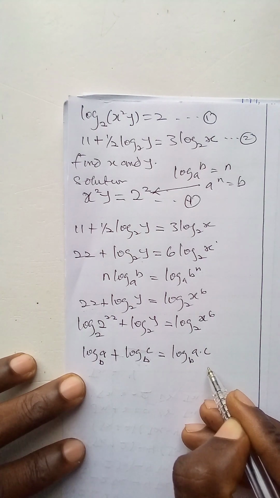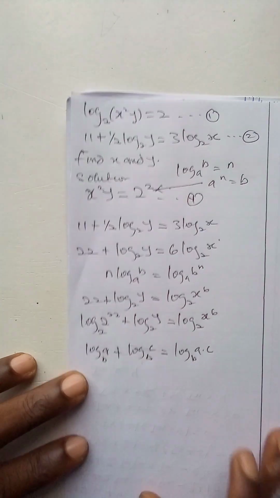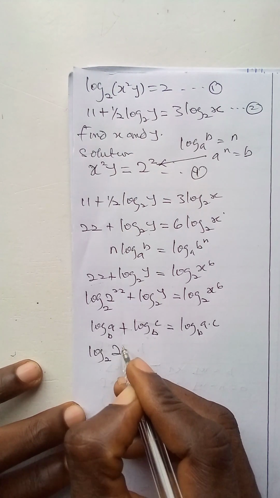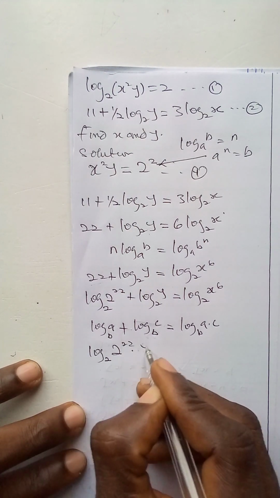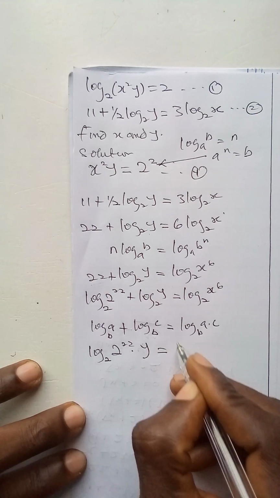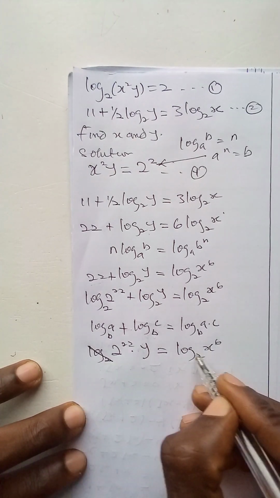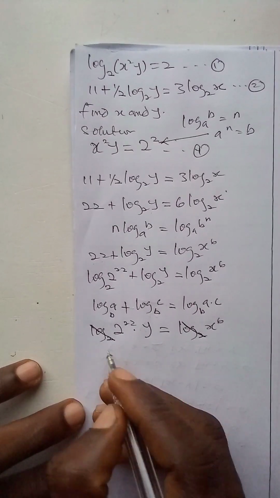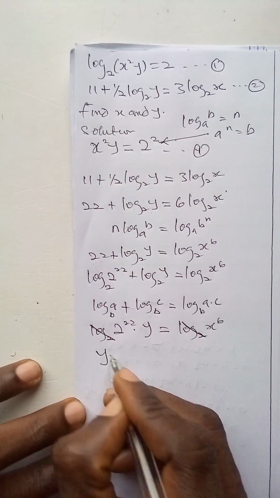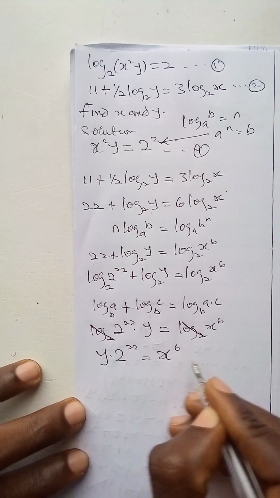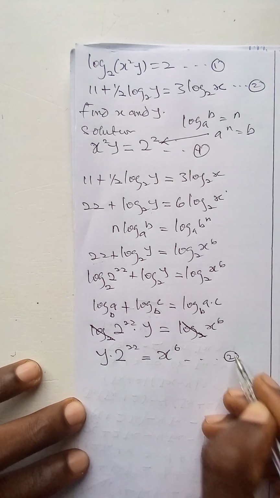This law, which is the product law of logarithm, will now be applied here. So it becomes log to base 2 of 2 to power 22 times y will be equal to log to base 2 of x to power 6. This one will cancel this one. Then y times 2 to power 22 is equal to x to power 6. Let's call this our equation 2.